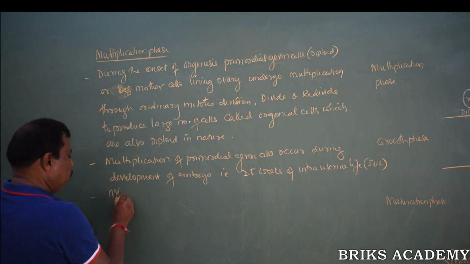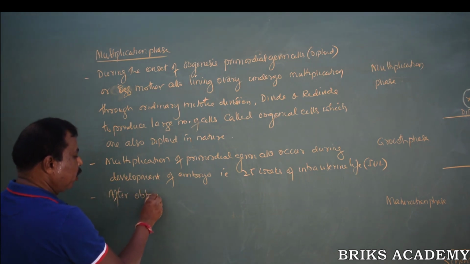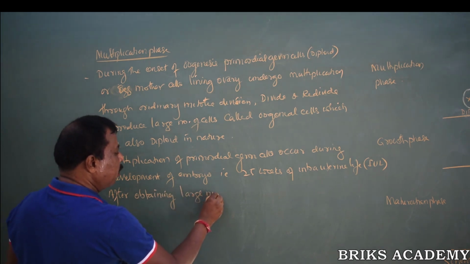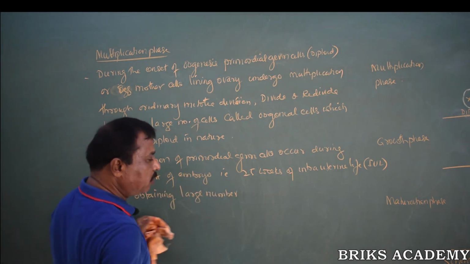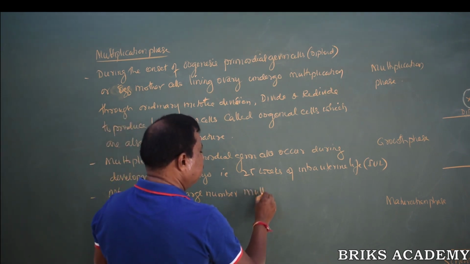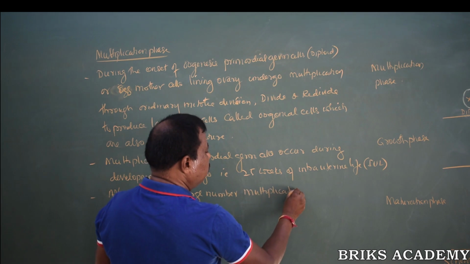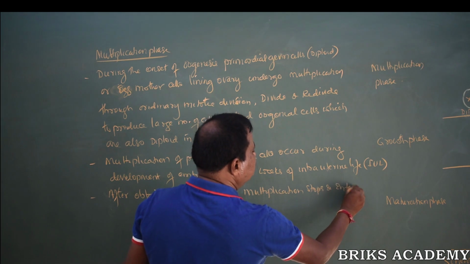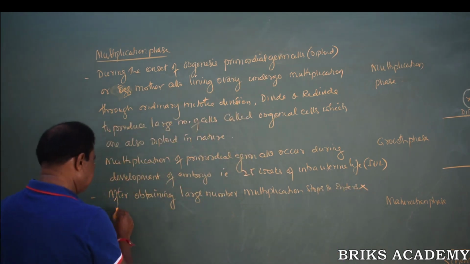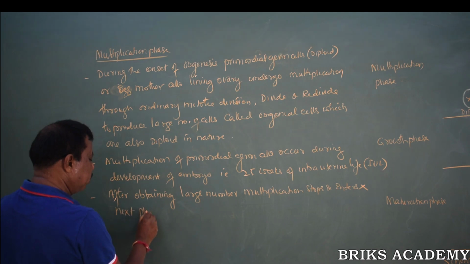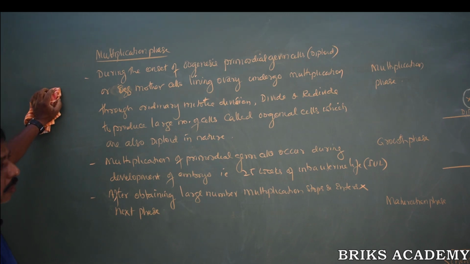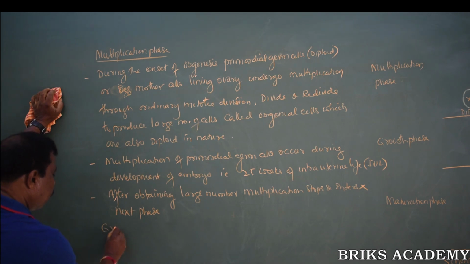After obtaining a large number, multiplication stops and enters into the next phase. The next phase in oogenesis is growth phase.